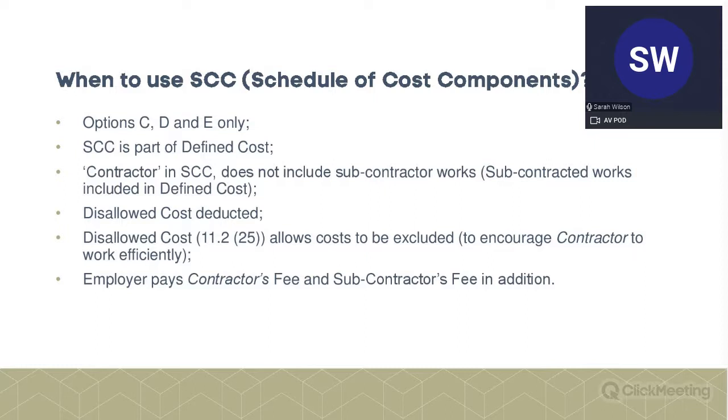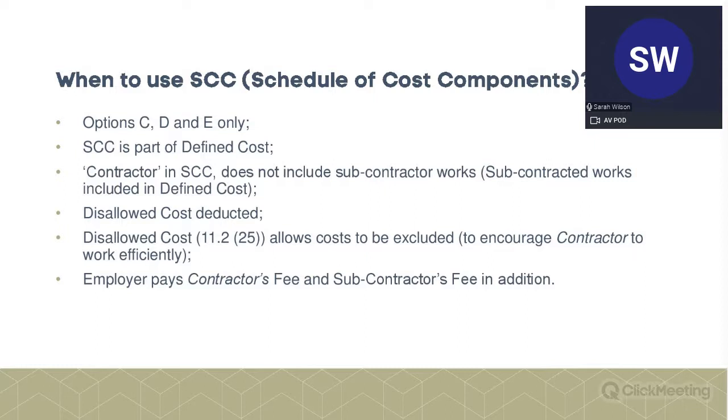So it makes sense. Why should the employer pay for the contractor's tardy work, slow working, etc. And the employer pays the contractor's fee and the subcontractor fee percentage in addition to the defined cost.